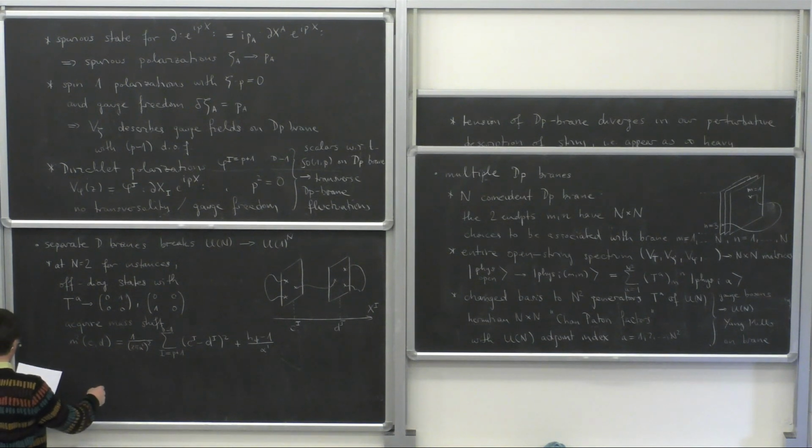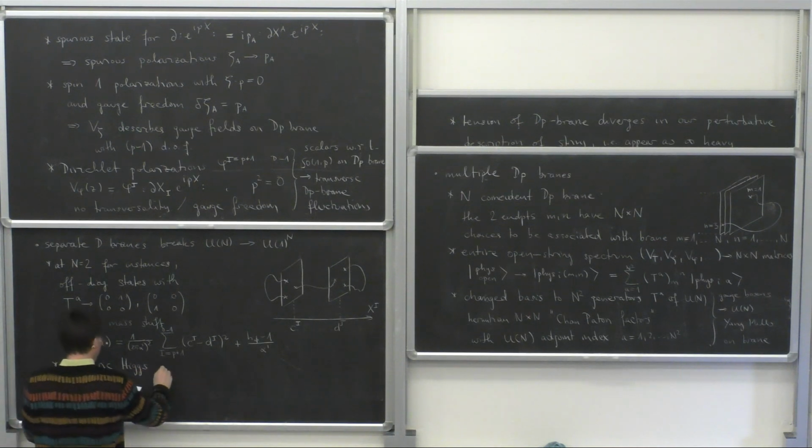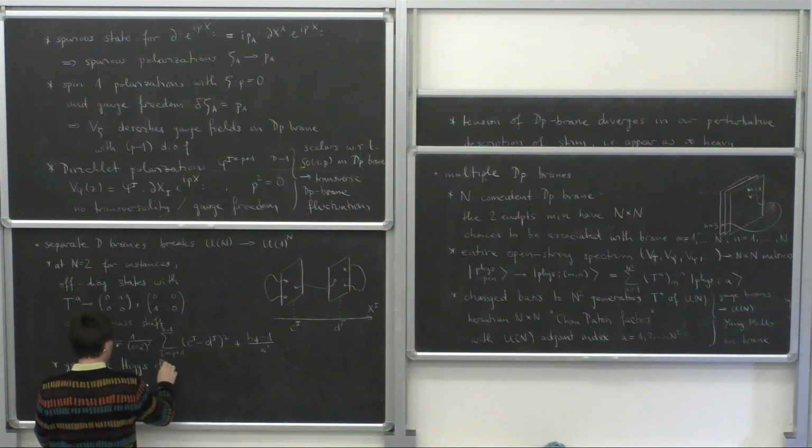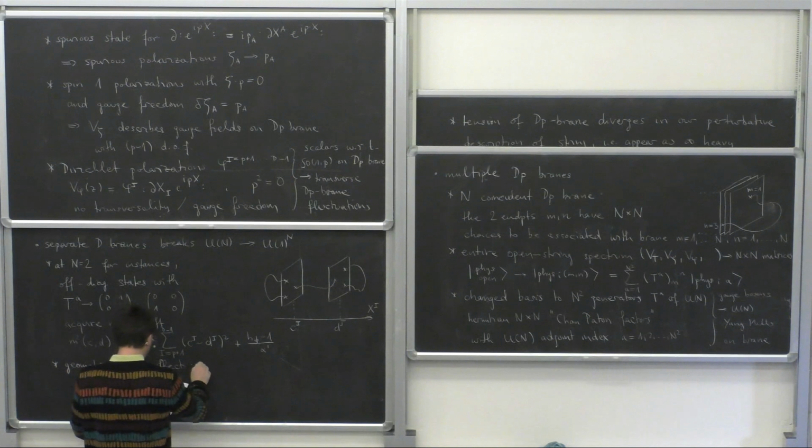This I dare to call a geometric Higgs effect for the following reason. Or more precisely, the process of pulling the D-branes apart, if they were initially coincident, triggers a Higgs effect.